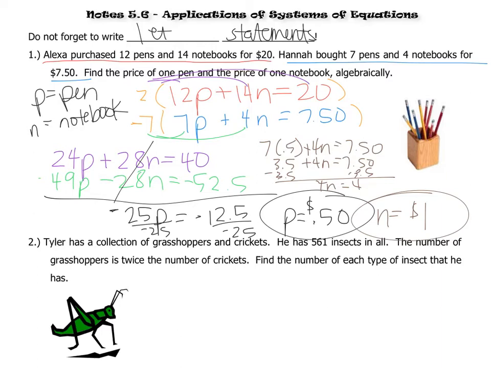And there you go. Second one, Tyler has a collection of grasshoppers and crickets. So obviously we're going to need to know G for grasshoppers and C for crickets.